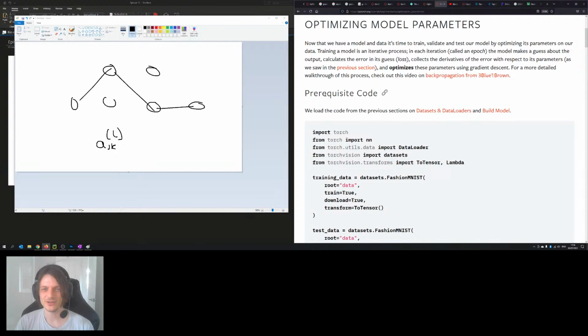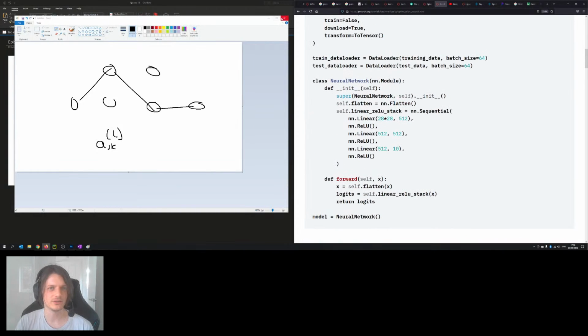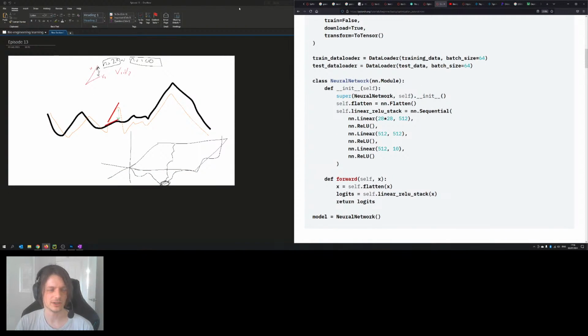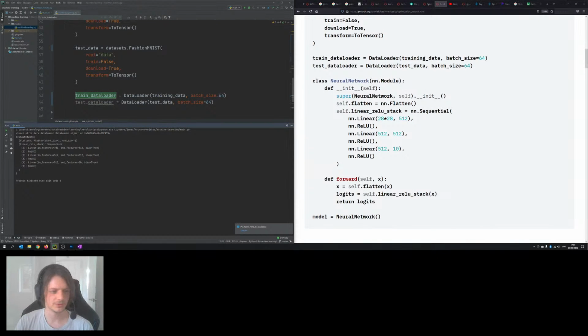Okay, cool. So we've got this code. Yep, we've got this all done. I don't know if we've got the forward part. Let me just check that. Not there. Let's go to PyCharm.